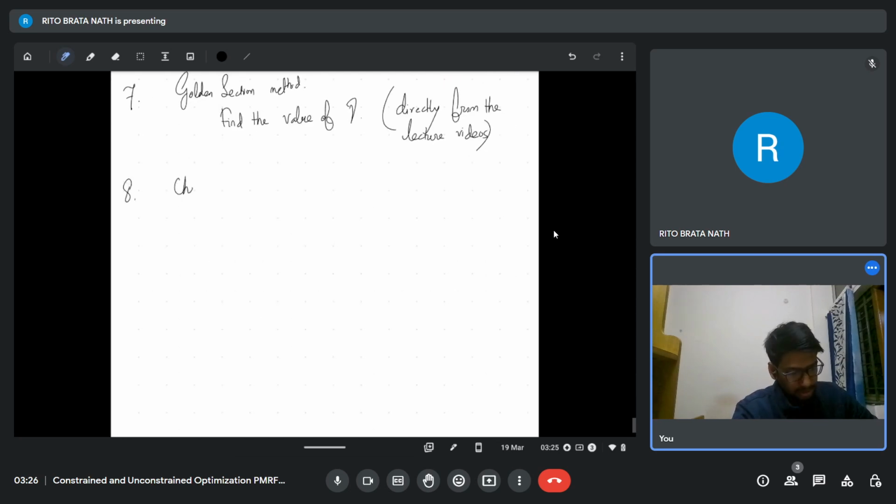So check the minimum number of iterations required for both the methods.